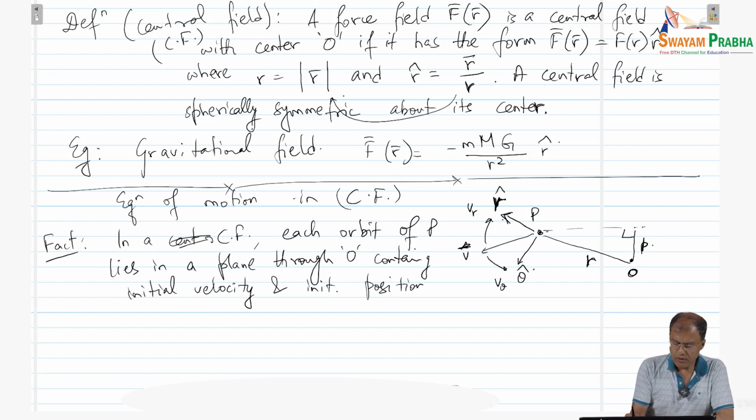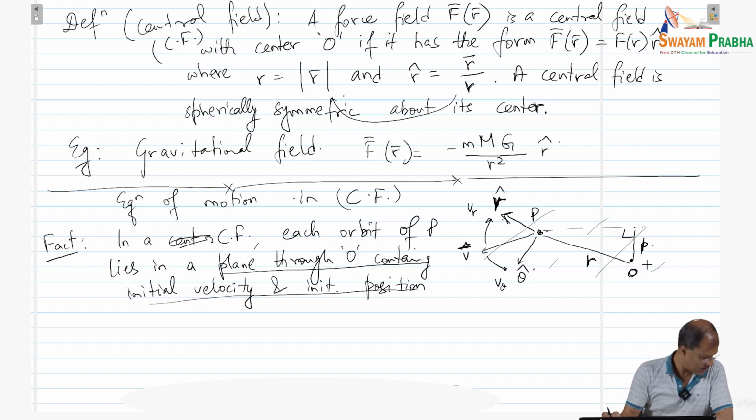Okay, so each orbit of P lies in a plane passing through the origin, which contains the initial velocity and the initial position. So we are talking about this 2D plane under consideration.